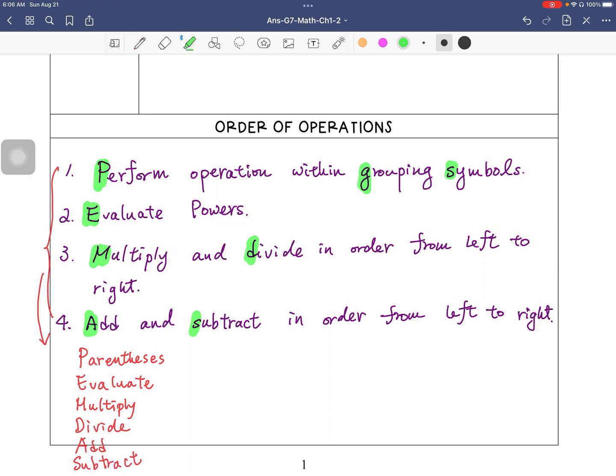So the combination of the first letters, PEMDAS: parentheses, evaluate, multiply, divide, add, and subtract.